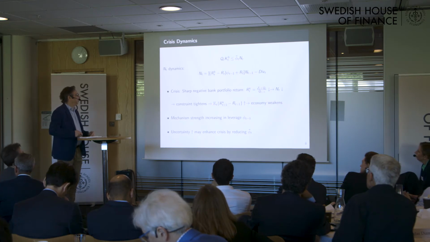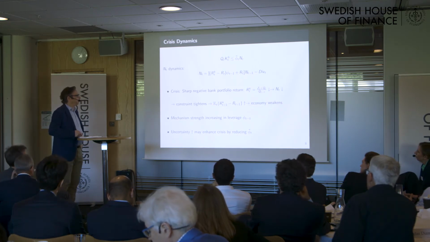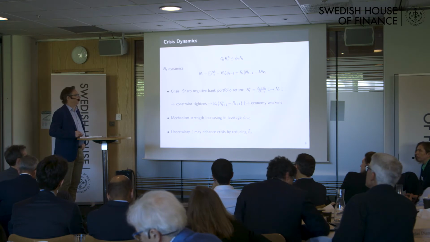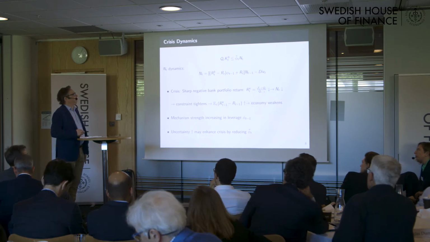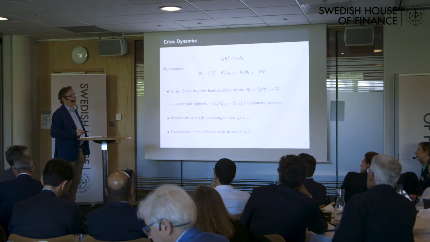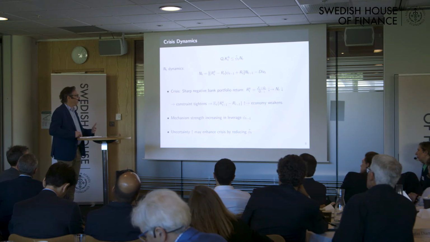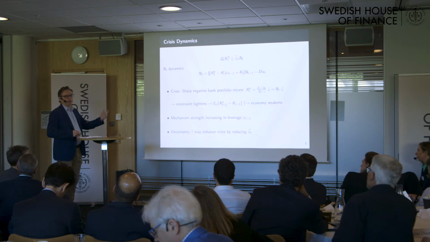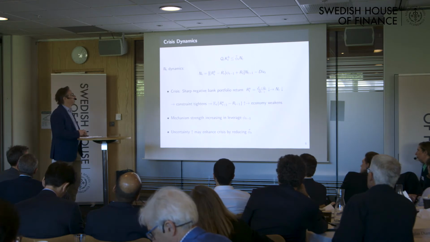Now, another point is that the mechanism's strength is going to be increasing in leverage, and that's fairly obvious because the effect of return variation on equity is going to depend on how much the bank is levered. So in a fairly compact way, the model captures the importance of leverage. And then finally, things can get magnified as uncertainty goes up. As John described, you could observe a tightening of the leverage cap.